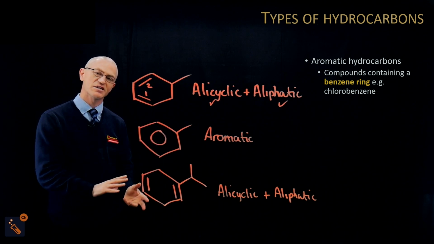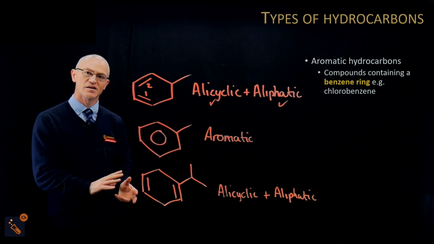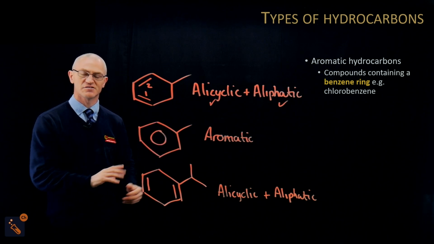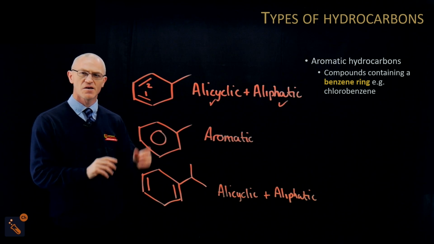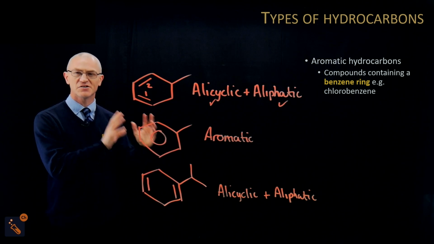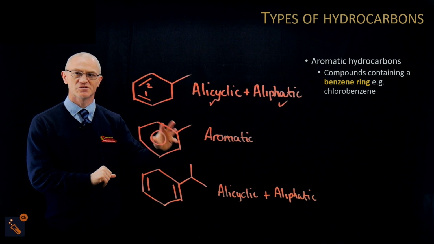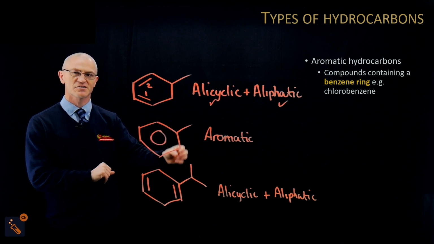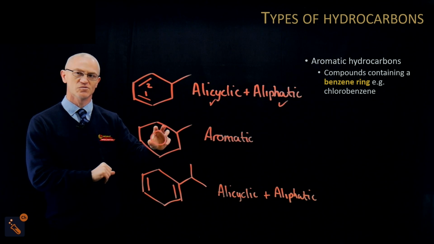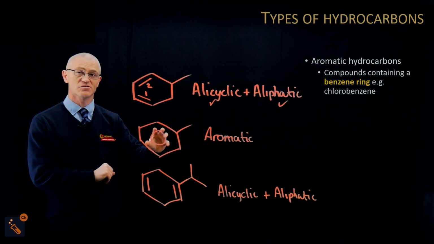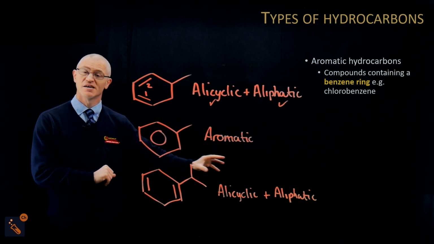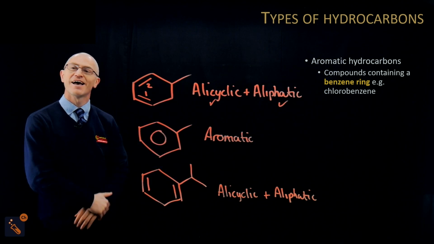When we're looking at the exam style questions at the end of this set of videos, you'll see an example of an MCQ just like this. But don't fall for it. It's only aromatic if you see the 3 double bonds or you see this circle within the hexagon, which is the delocalized electrons. Not aromatic, but alicyclic and aliphatic.